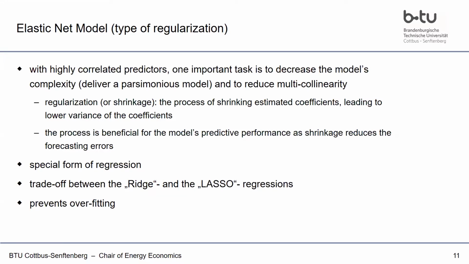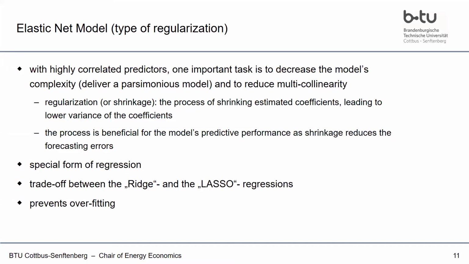So here comes the process of regularization or shrinkage, which is to shrink the estimated coefficients, which leads to lower variance at the cost of introducing some bias. The overall process is beneficial for the model's predictive performance, as shrinkage usually reduces the forecasting errors.